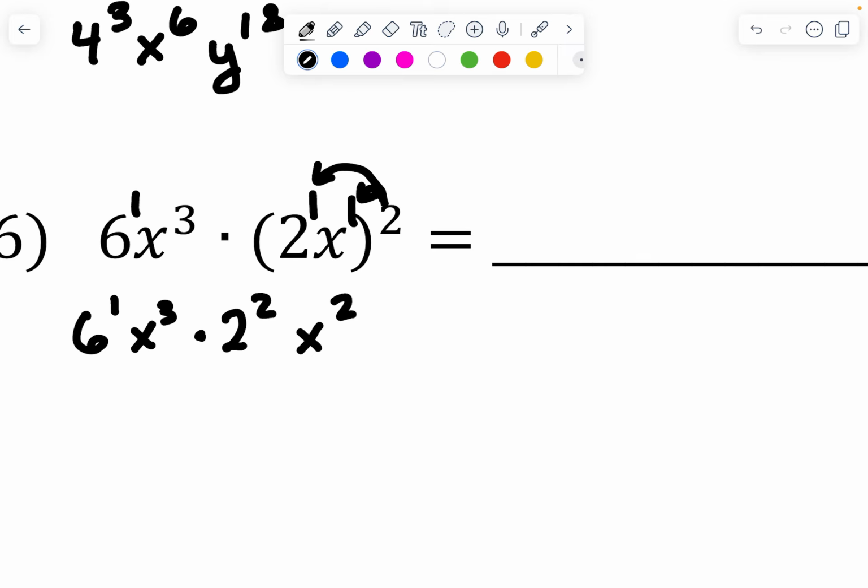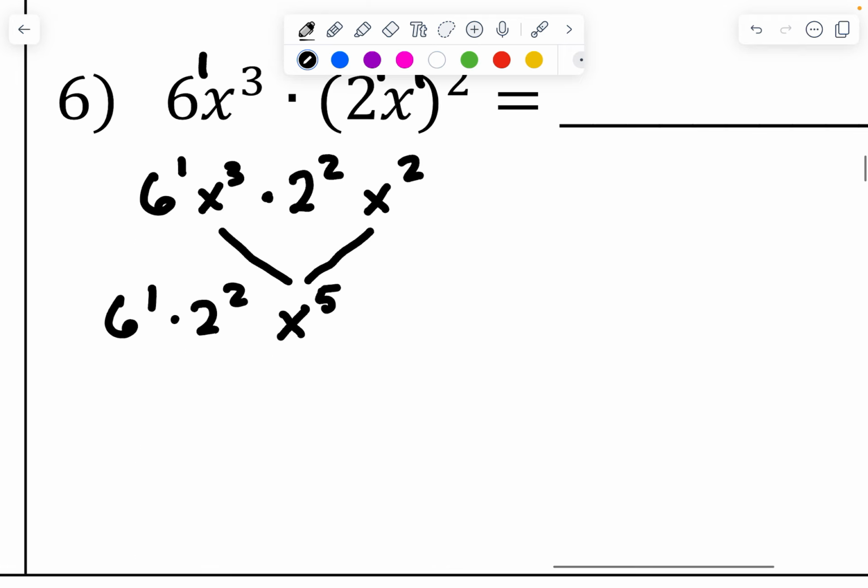And now I can almost start combining stuff, right? In this case, I know for a fact I can combine these x's: x to the power of 3 times x to the power of 2. Remember, when we multiply bases like this, we keep the base and the exponents add, so I have x to the 5, 3 plus 2. Now 6 to the 1 times 2 squared times x to the 5 is almost where I'm done.